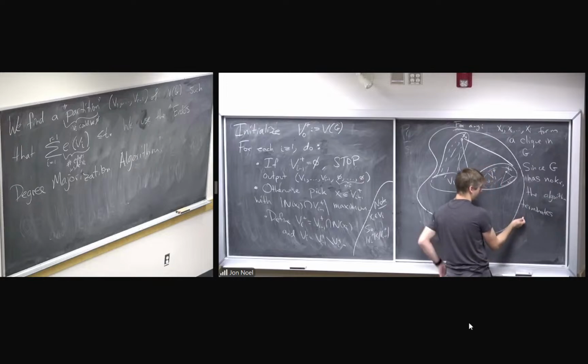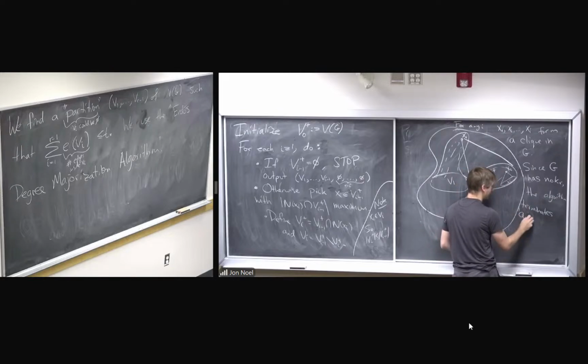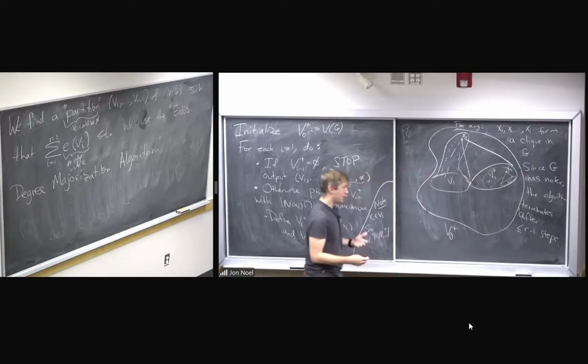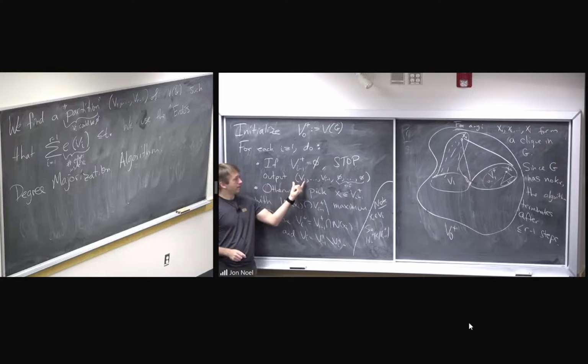By which I mean it could not have constructed a vertex X_r and a set V_r, because they'd make a clique. Okay, so this does output a partition into r minus 1 sets, because some of them might be empty.